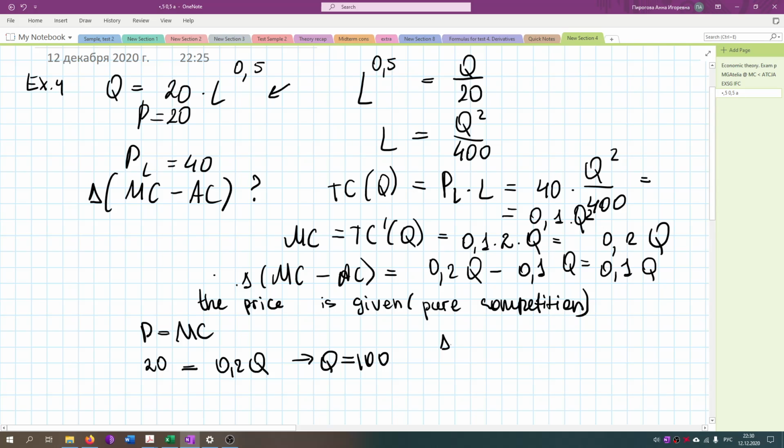So the difference of marginal cost and average cost will be equal to 0.1Q, and 0.1 multiplied by 100 is equal to 10.